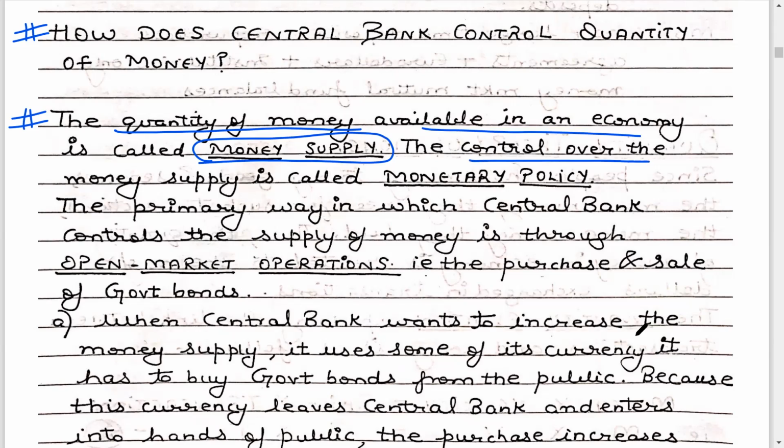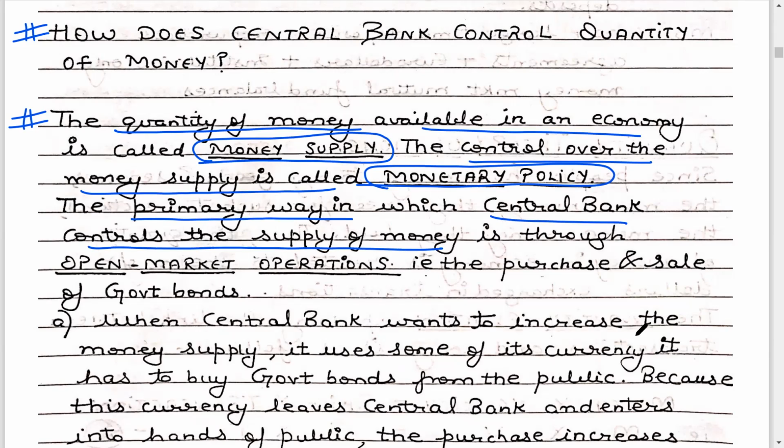So the control over money supply is called the monetary policy. Monetary policy is completely to do with regulating the money supply in the economy. And the primary way in which the central banks control the money supply is by using open market operations.